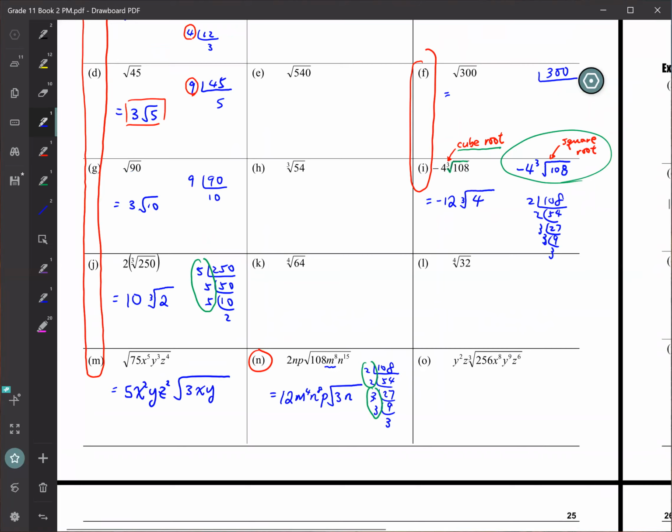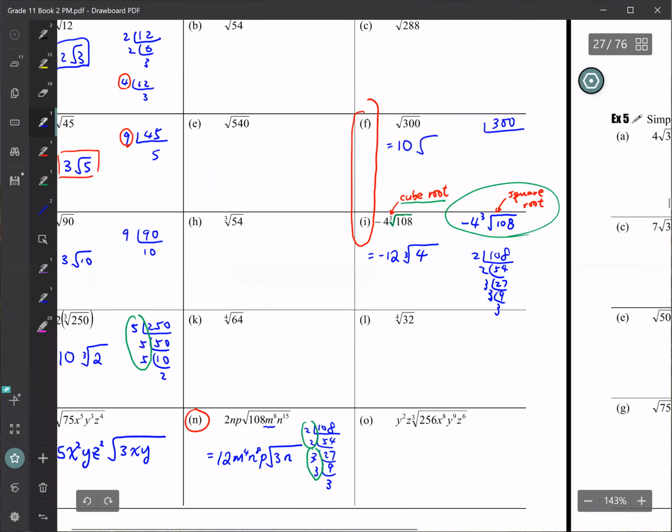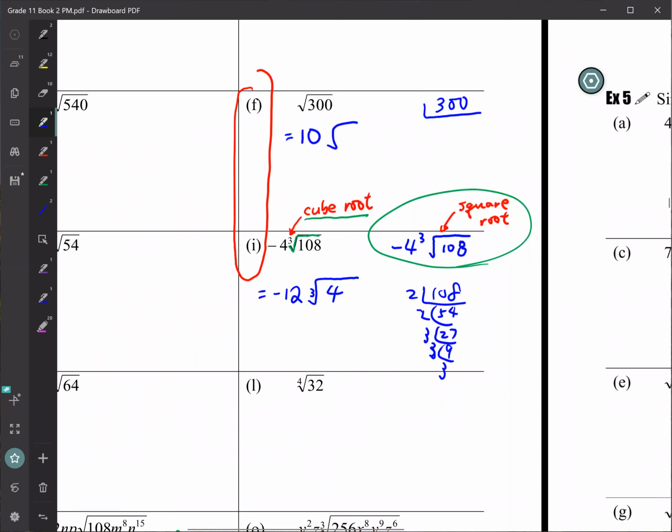Okay, and Brandon, have you finished question F? Yes. Okay, so what can go out for 300? 10. Okay, very good. Pairs of 10, what's left? Root 5? Root 5, how did you get 5? Can you tell me what numbers you have for the factoring? 2, 2, hold on, 5. 2, so 150, right?